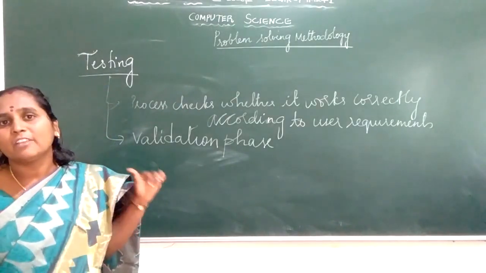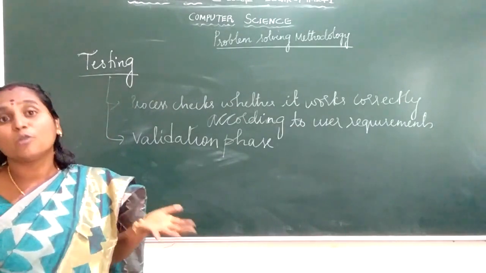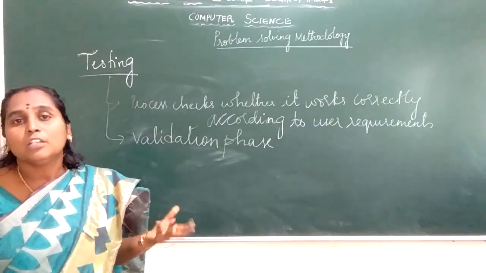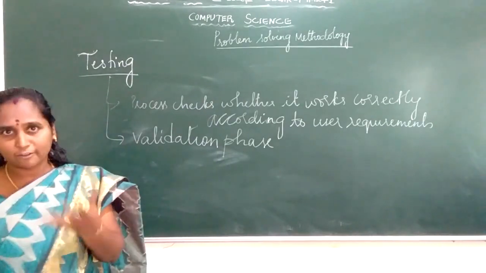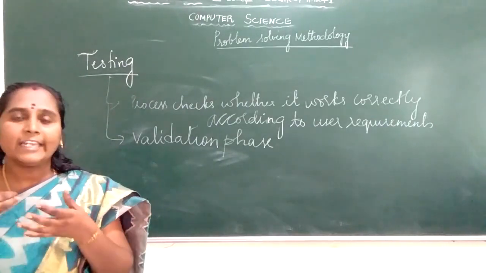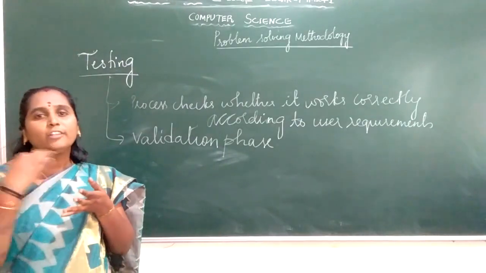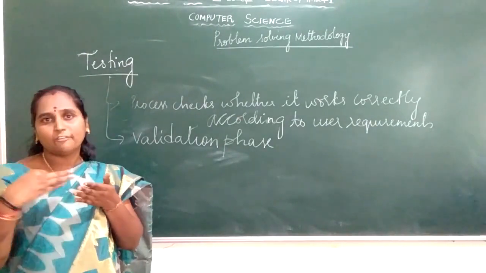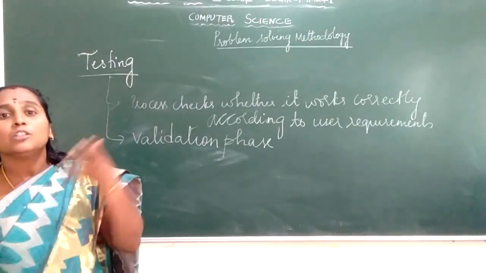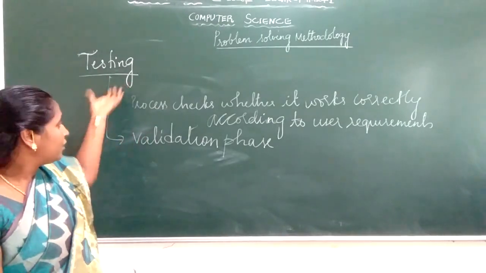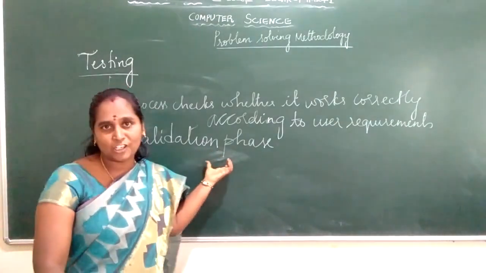You check whether for the input you have fed, you got the desired output or not. Not only simple input, you are going to give a large number of complicated inputs, and keep on checking for each input whether you get the output correctly. So this testing phase is also called the validation phase.